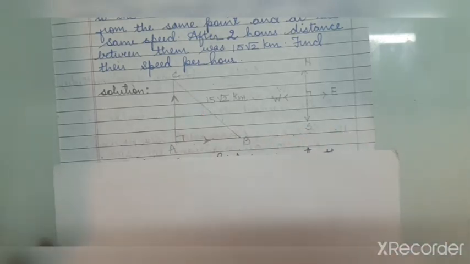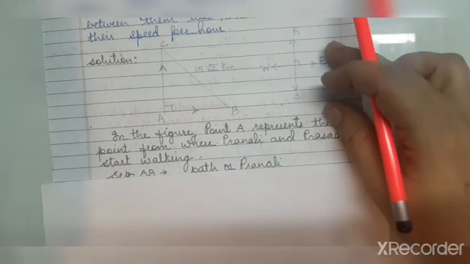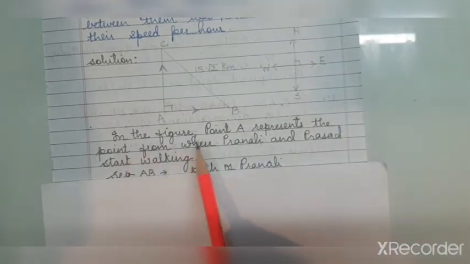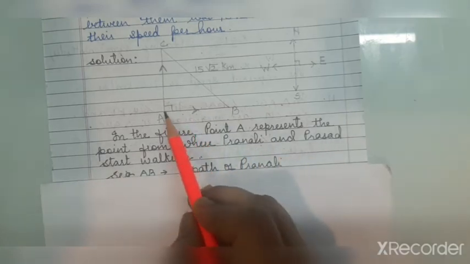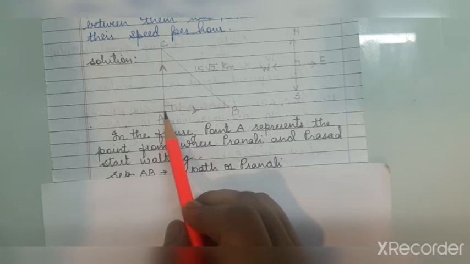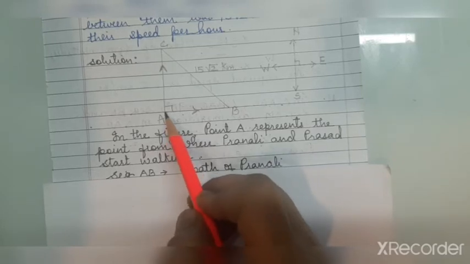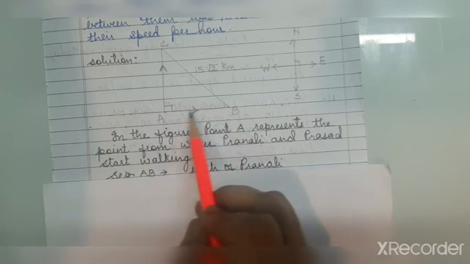Okay, so when you begin the sum, we have to draw the figure first and we have to explain what our assumption is. Okay, so if you see in the figure, point A represents the point from where Pranali and Prasad start walking. So this is point A, from where both of them start walking. One moves towards east and the other moves towards north. Pranali is moving towards the east, so Pranali moves in this direction, that is AB.